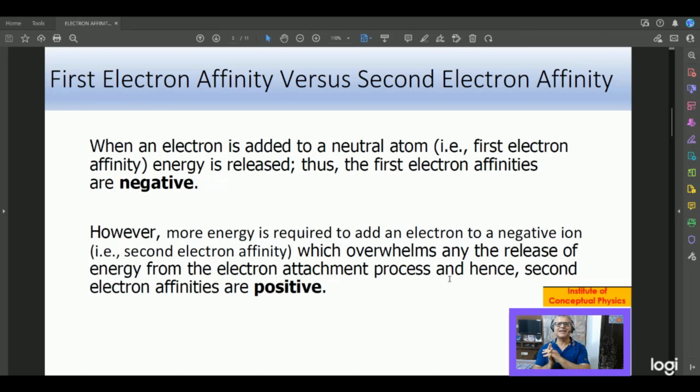So adding the second electron is endothermic, adding the first electron was exothermic. And therefore you should be cautious in the question. When you're doing the question, see very carefully what the electron number is. If it's the first one, the sign of the electron affinity is negative. In the second case, it is positive. I hope this is clear to you.